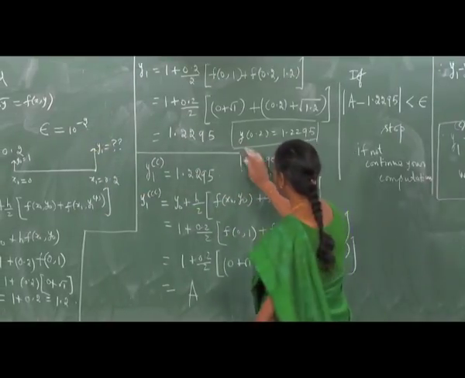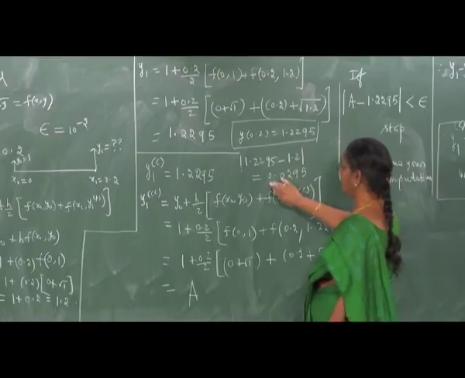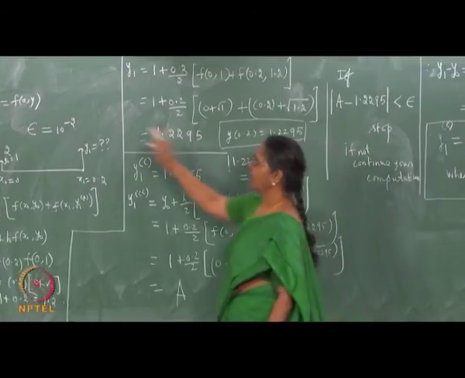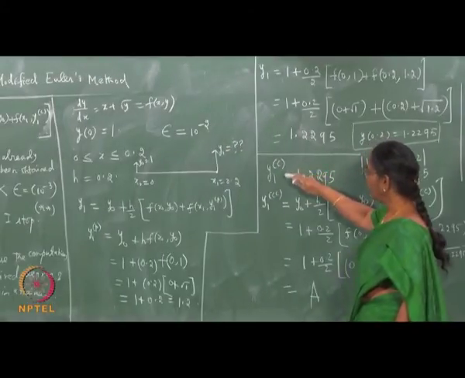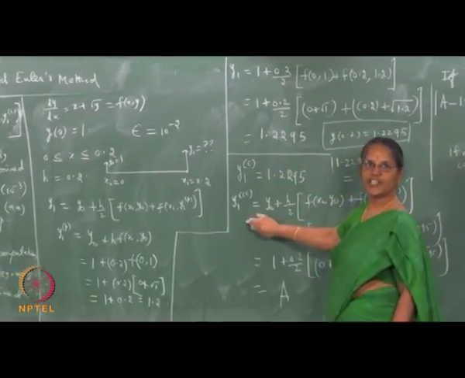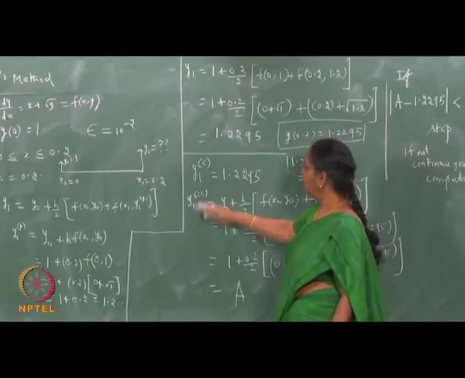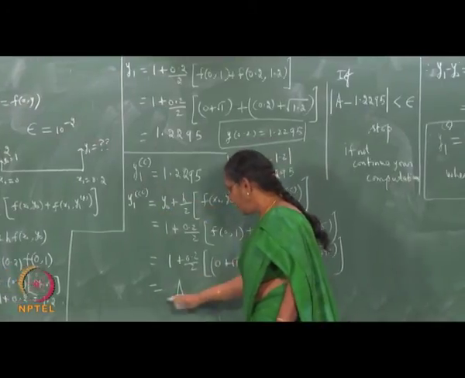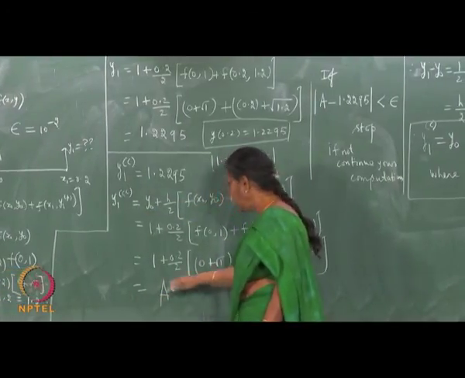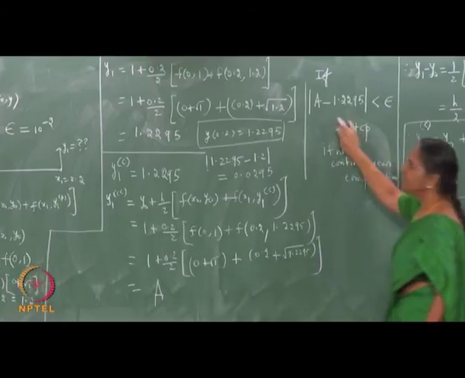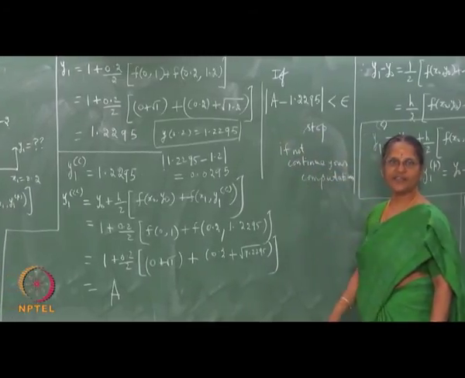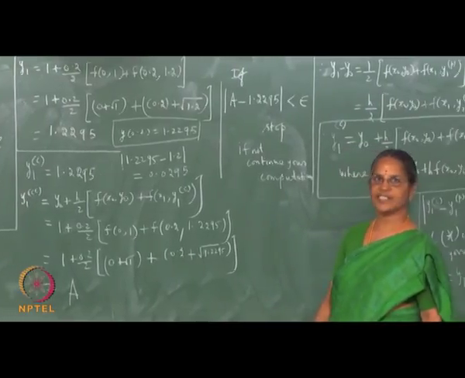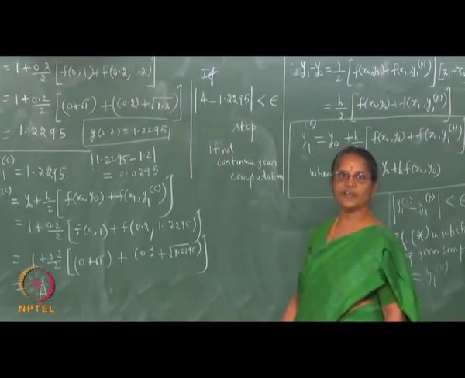So, at this stage, namely the first stage, we were not able to get our desired accuracy, and that is why we went on to computation of y1 again, namely we recorrected this value and tried to obtain the value A, and then we again have to check whether this condition is satisfied. If so, we can stop, otherwise we will have to continue our computations till the desired degree of accuracy is attained.